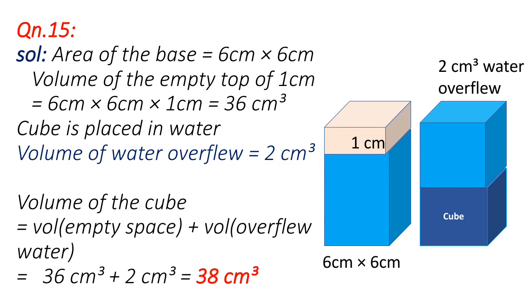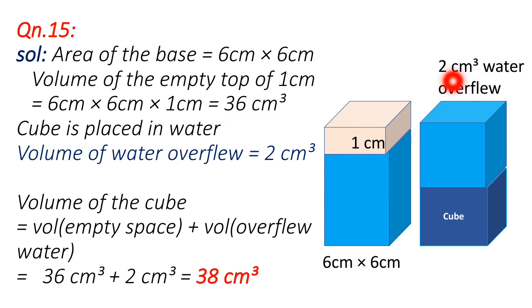To calculate the volume of that cube, we know that when the cube is placed, first the water will rise up and cover that empty space. So whatever the volume of the empty space, we know that it is 36 centimeter cube. And after that, there will be some overflow of water also.